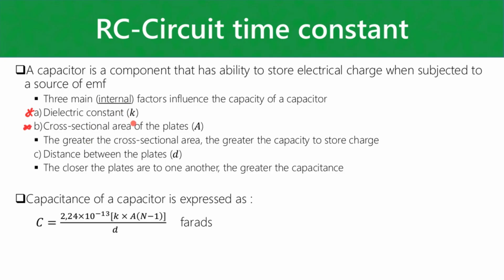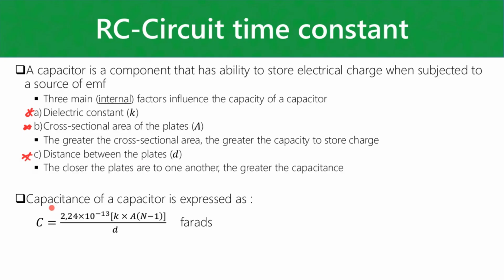Then the cross-sectional area of the plates: the bigger the cross-sectional area, the bigger the capacitance. And then the distance between the plates, but that relationship is inverse, meaning the closer the plates are to one another, the bigger the capacitance.